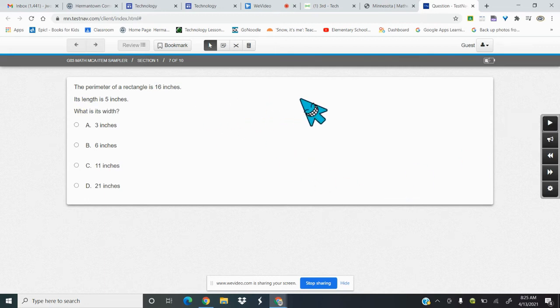But imagine this rectangle here, and the length of each side is 5 inches. So this side is 5 inches, and this side is 5 inches. So 5 and 5 is 10. Okay, so I have 10 inches already. I need 6 more inches.